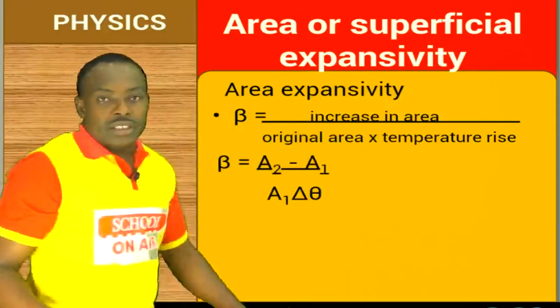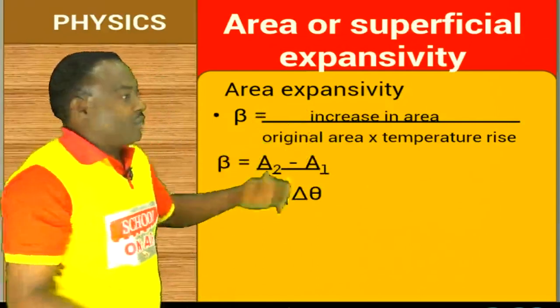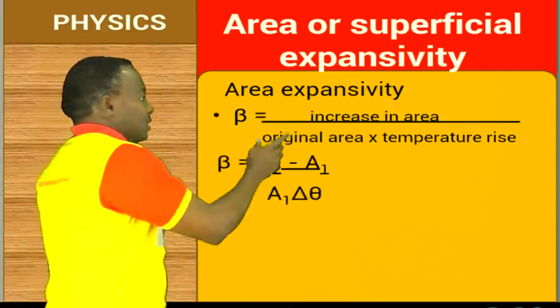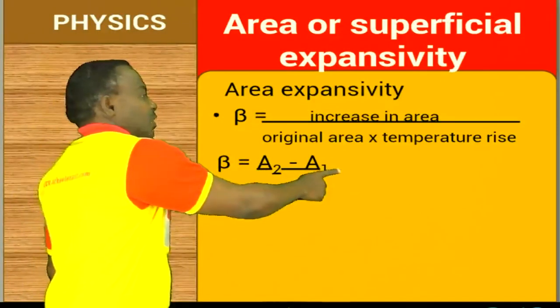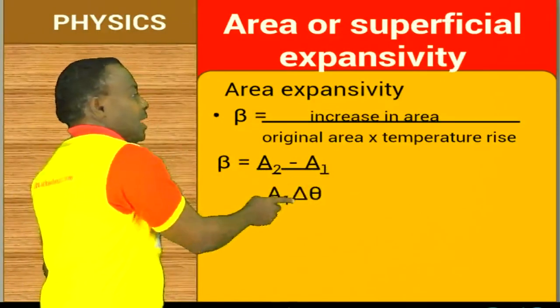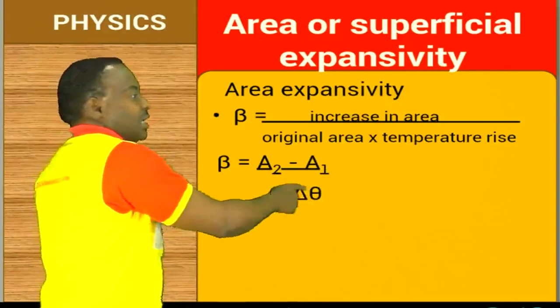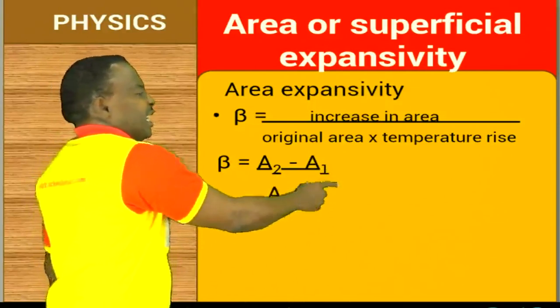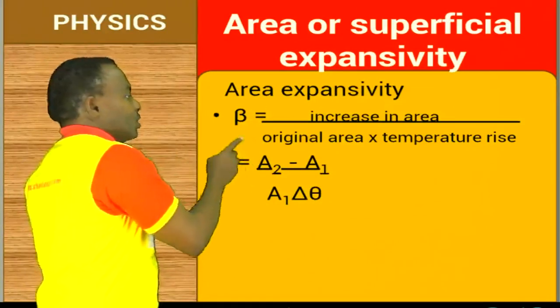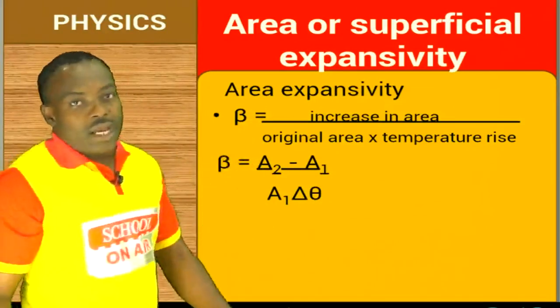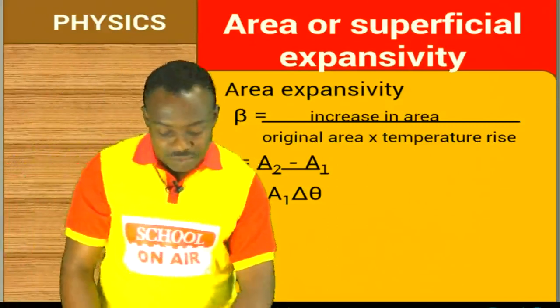That is the combination of this formula. The symbol A2 represents the new area, A1 represents the initial area, and delta theta is the small rise in temperature. Beta is the area or superficial expansivity.